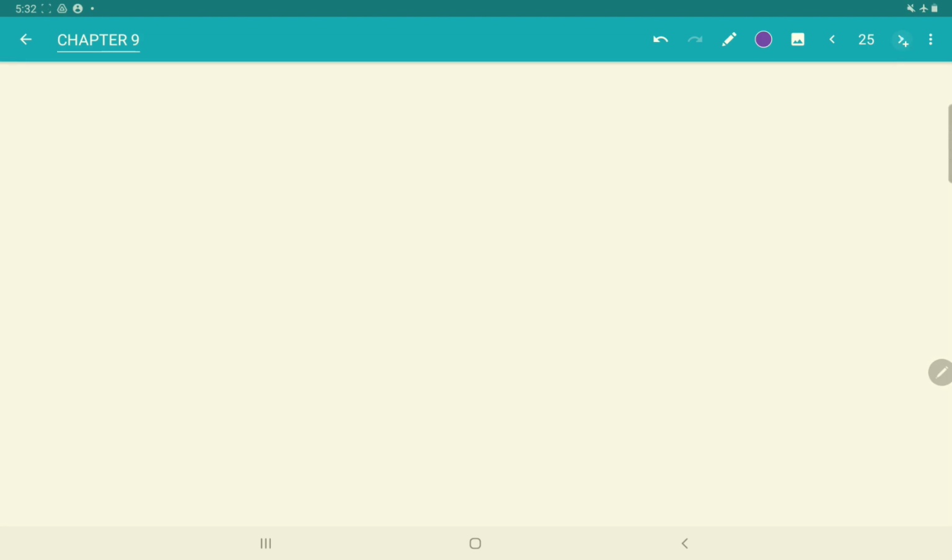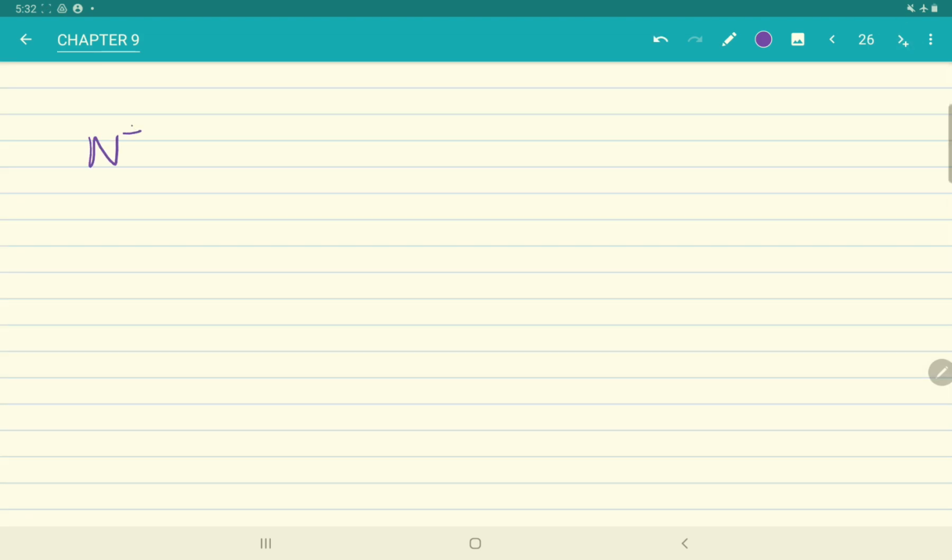That means n star will be approximately equal to 11.406 raised to the power 2, which is approximately equal to 130.